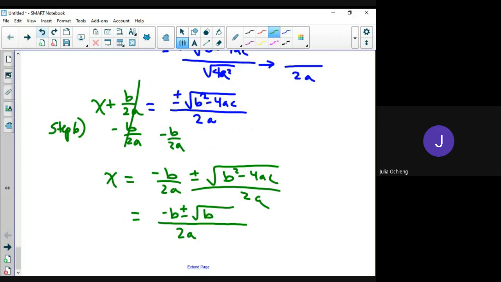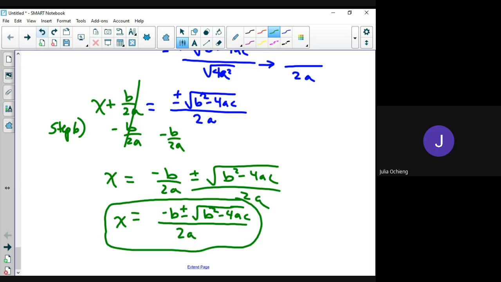You have just worked together with me to derive the quadratic formula. So no matter what my quadratic equation is, I can always use this formula to solve if I know what a, b, and c mean here in standard form.